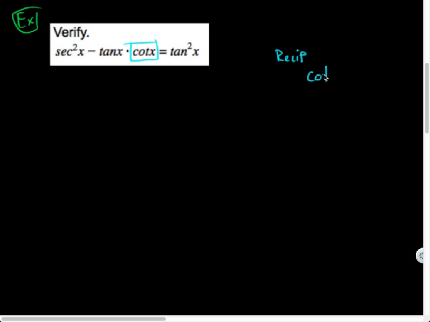So cotan x is equal to 1 over tan x. Bam. So I will get secant squared x minus tan x, multiplied by 1 over tan x, is equal to tan squared x.